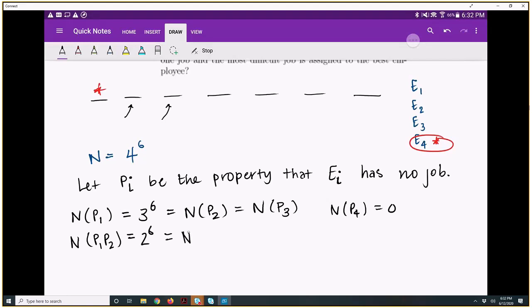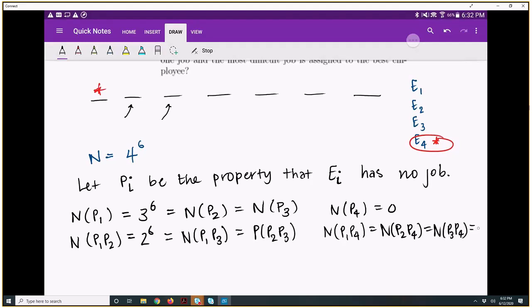And again, this is going to be the same as P1 and P3 and P2 and P3. But P1 and P4, P2 and P4, P3 and P4, they're all 0 because I know that property 4 can never be true because employee 4 has already been assigned a job.